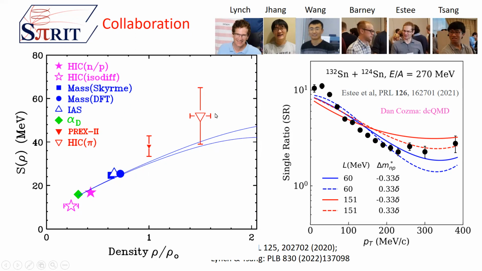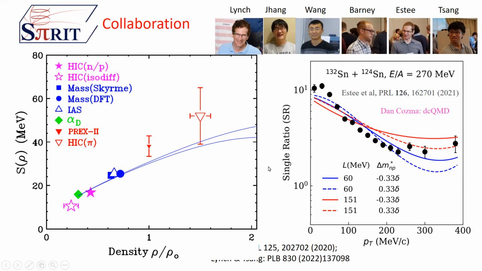Is this pi plus or pi minus? Pi minus over pi plus is a single ratio. On the right, what's the reason for the PT dependence? In here, this is just the Coulomb effect.